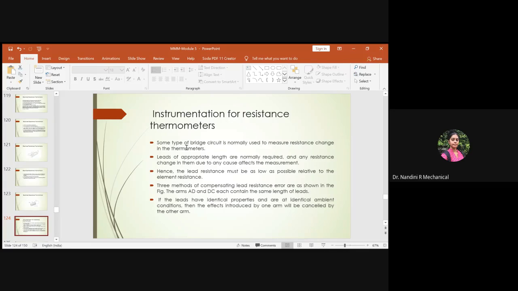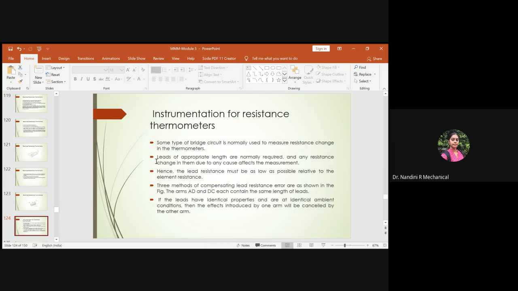Similarly here, the resistance thermometers will be connected to the bridge circuit with the help of lead wires. And again, you have to think about the length of the lead wires. If you use the length of the lead wires abruptly without proper calculation, then you might not end up with accurate results of the output. Even the length of the lead wire you select should be very appropriate.